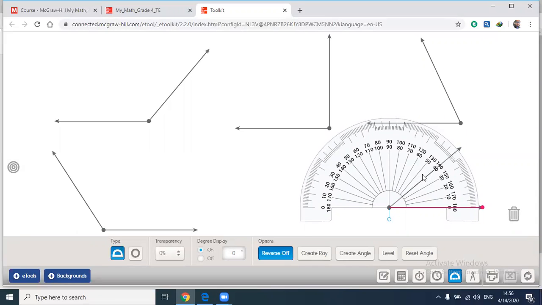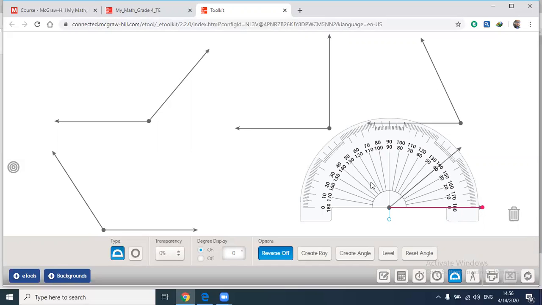Then count from zero, from this side, to reach the other side. You can count 10, 20, 30, 40. So the measure of this angle would be 40.